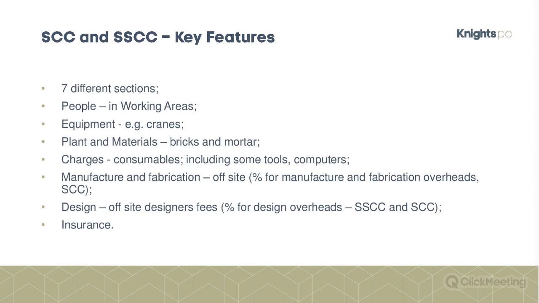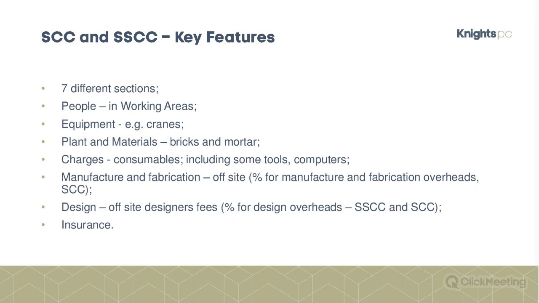So that's the cost of personnel, people. The second one, equipment. That's the equipment required to build. Next one, plant and materials, as the note says, that's the bricks and mortar. The next one, number 4, is charges, not quite so obvious. I'll come back to that one.